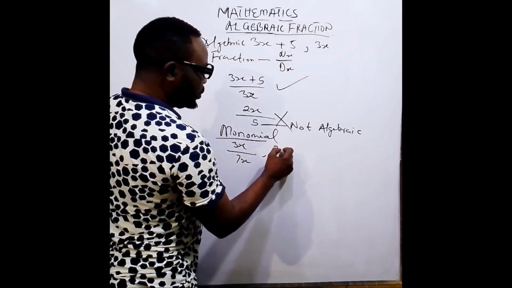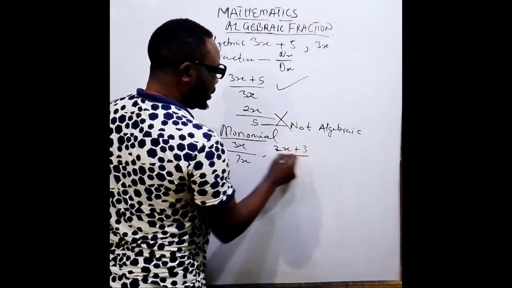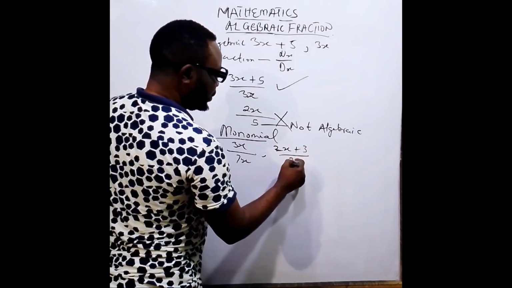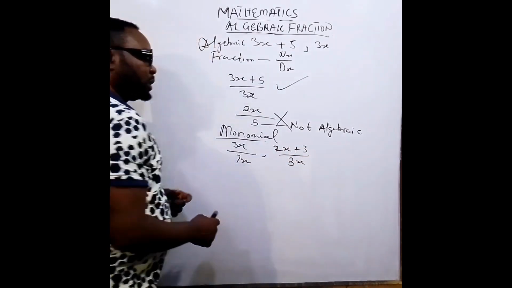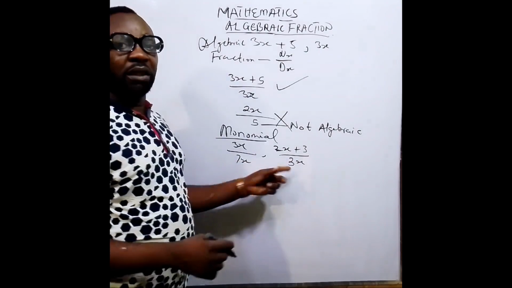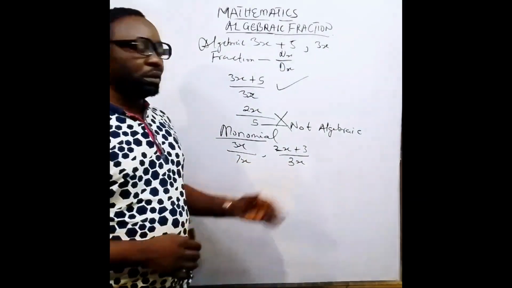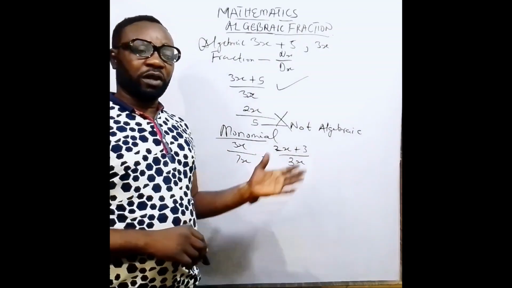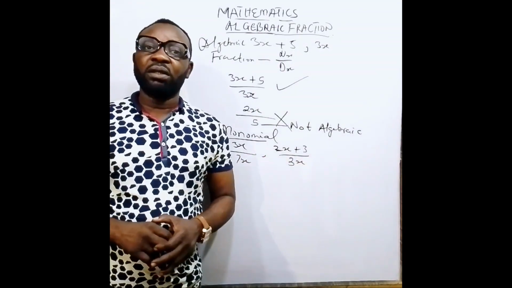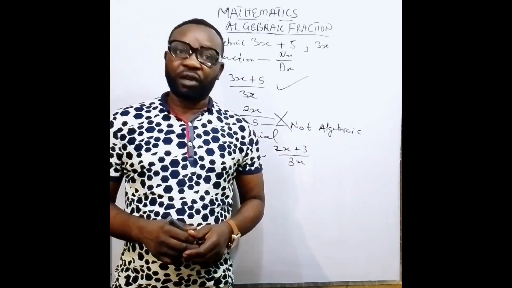We can have 2x plus 3 all over 3x. Since all these values at the denominator are just a single term, that kind of fraction can be regarded as a monomial algebraic fraction.